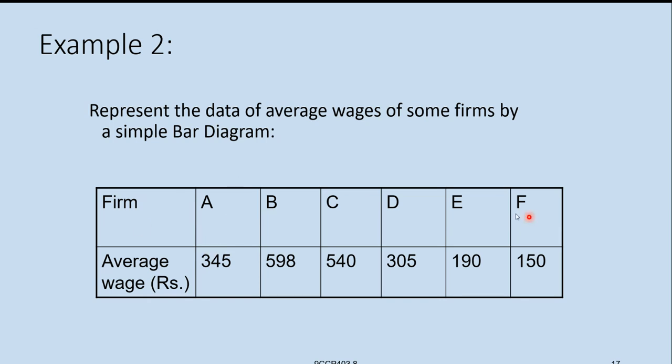Example. In the example, we will see a simple bar diagram. A firm having A, B, C, D, E, F, 345, 598, 540, 305, 190, 150. Normally, these two-dimensional diagrams are used for two variables. Here, an example is given for a single variable only.